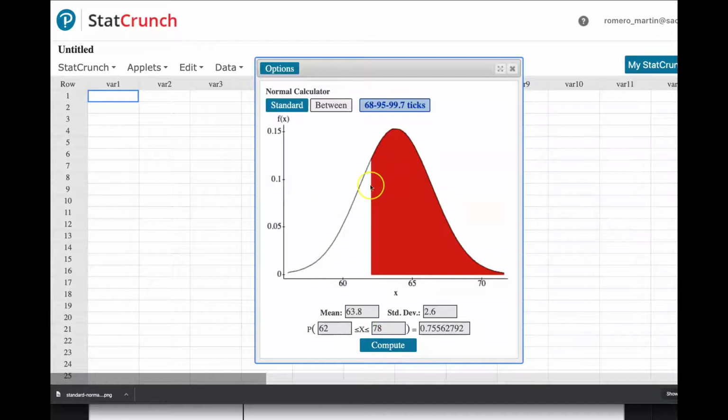Compute, and there it is again. There's your normal distribution. I like that it's done by standard deviation. You click that, you could see the actual standard deviations, but it still doesn't change the answer. There's your answer right there. These are all the women that fit between 62 and 78, the percentage of them.